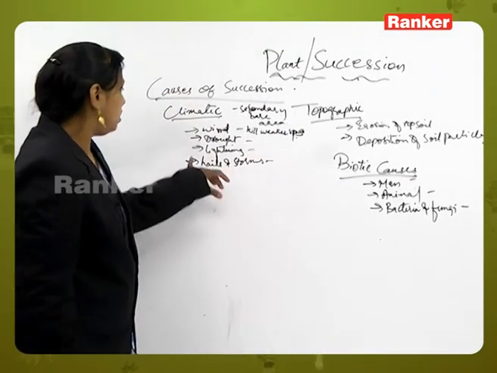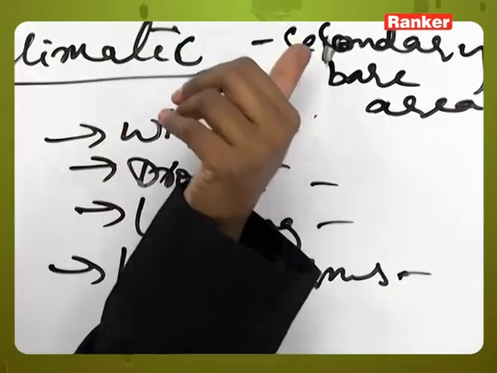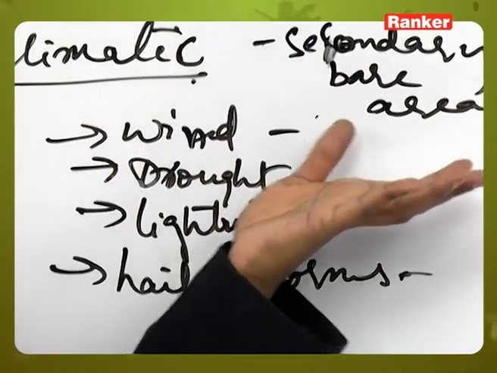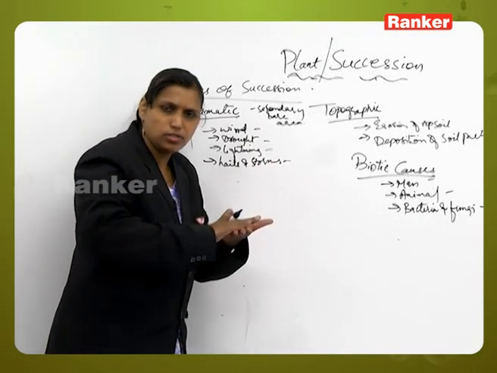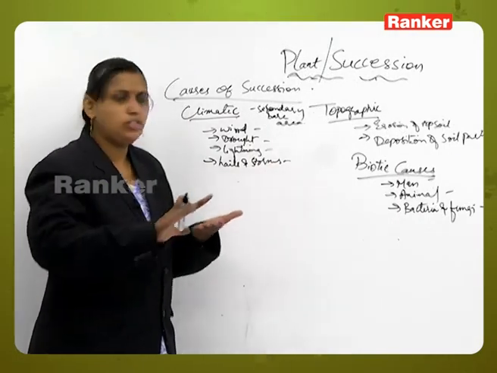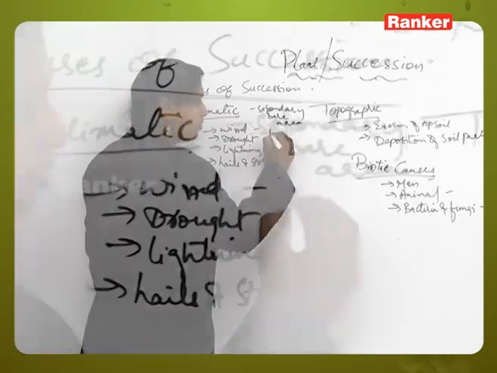When there is a drought condition, because of the climatic change there is a development of a secondary bare area, and the area which is already existing will get destroyed. Wind will help in eliminating the plant vegetation.